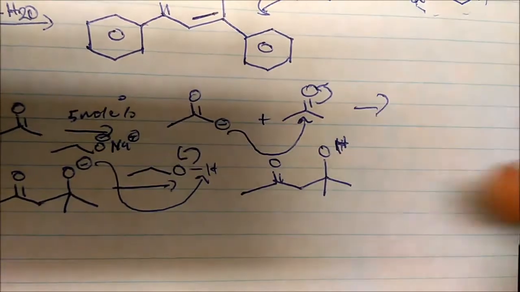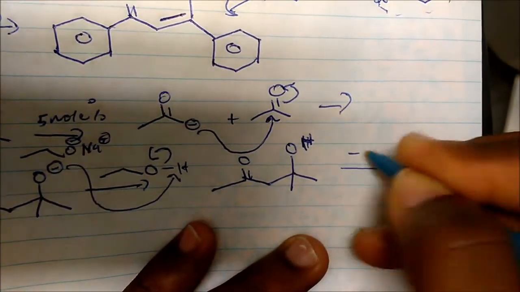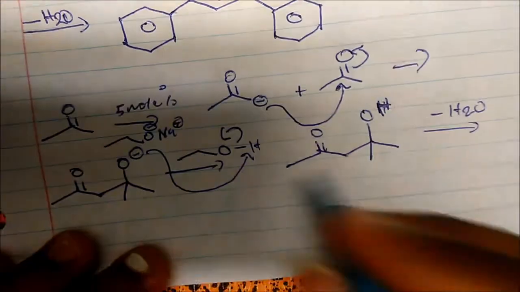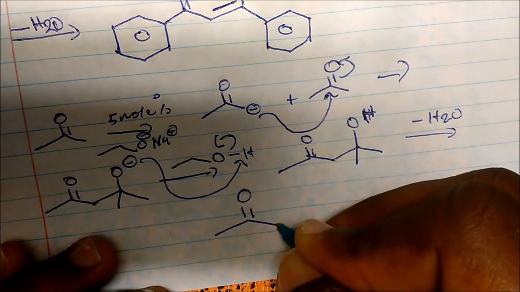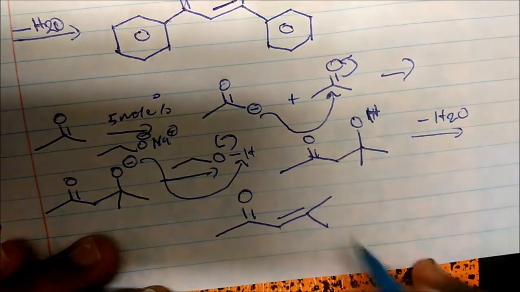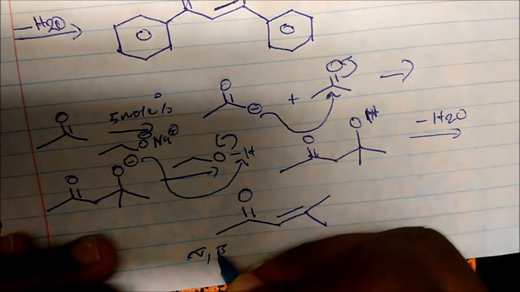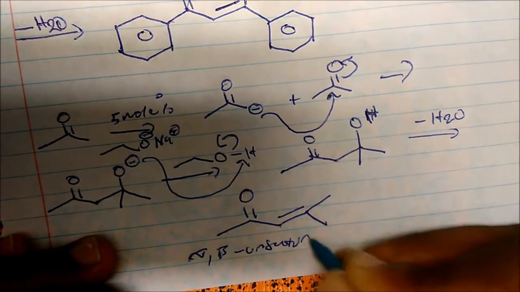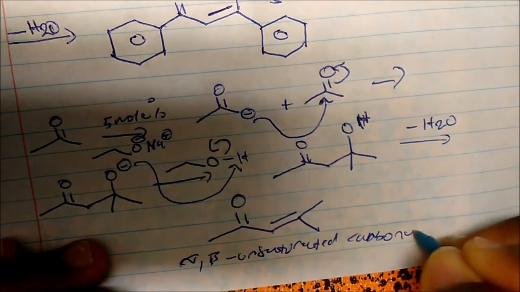Now, if we want to unsaturate it, again, if we want to lose water, okay, the product will look something like this. Yeah, so I'll have the alkene. So this is the alpha beta unsaturated carbonyl.